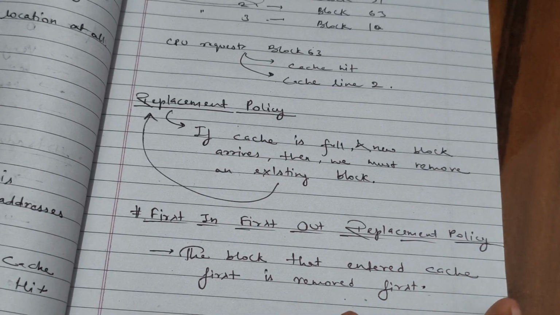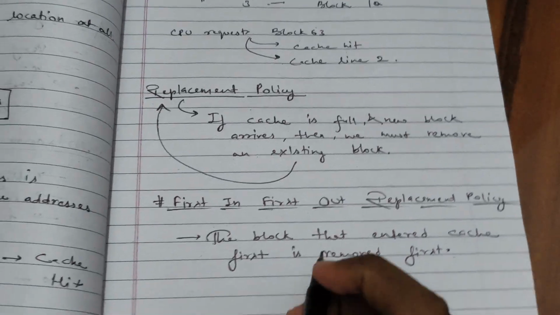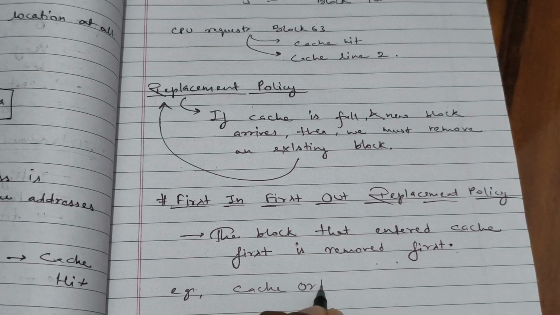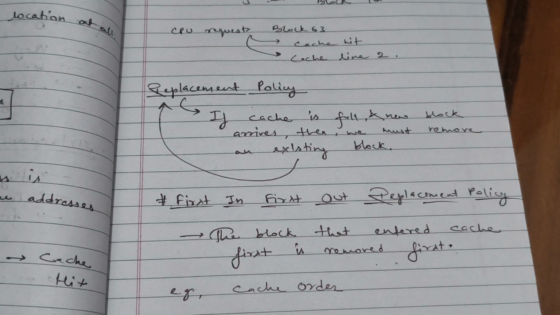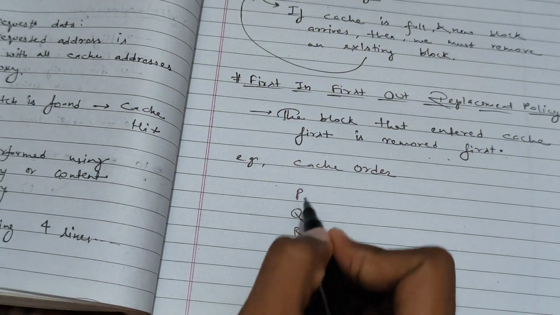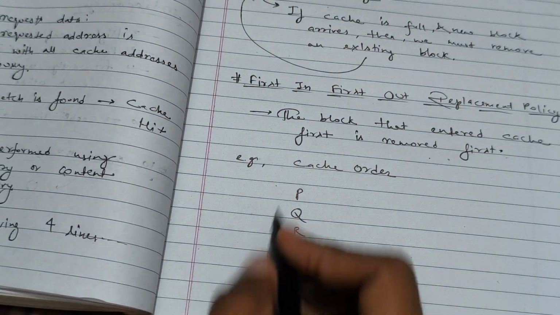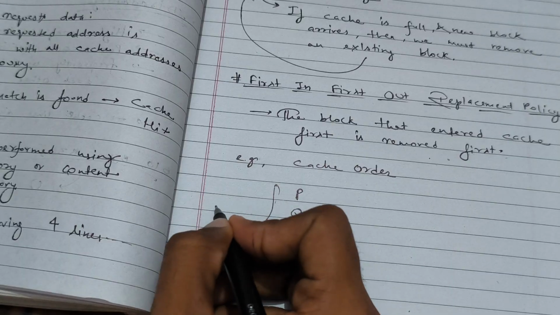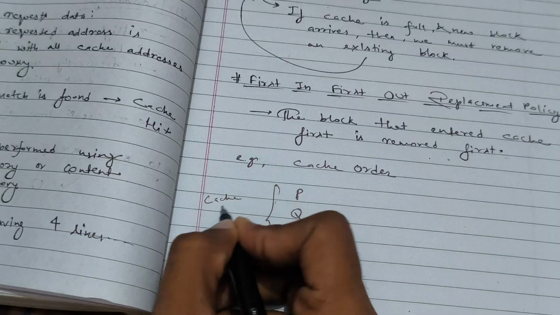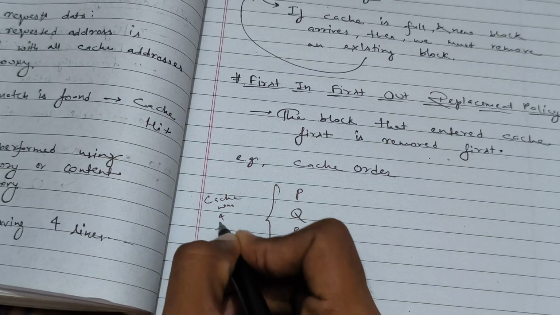Let me give a very brief example of it. Consider there is a cache order of something like PQRS. This order means that P was inserted first, then Q, then R, then S. It was a four-line cache system, so the cache had only four lines.